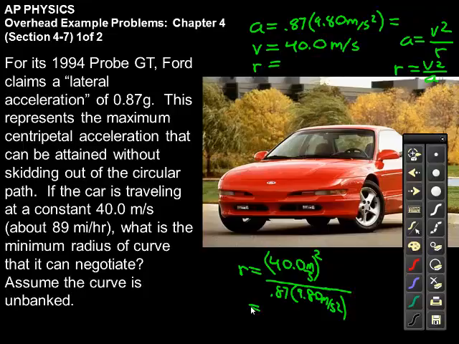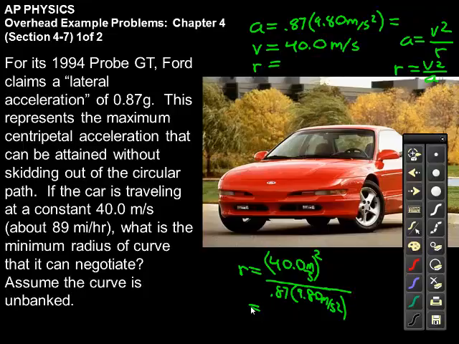Okay, which is actually a pretty high acceleration for a passenger. But if you want to keep the acceleration at or below that, what's the radius? That's what I got, 190 meters, which is about 620 feet.